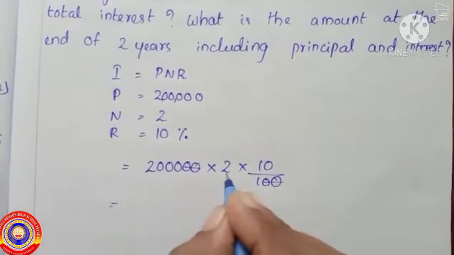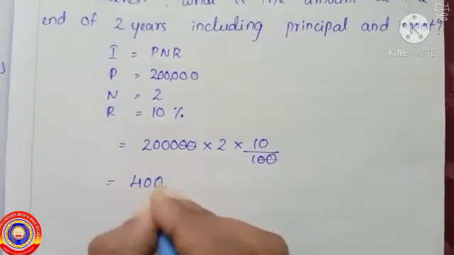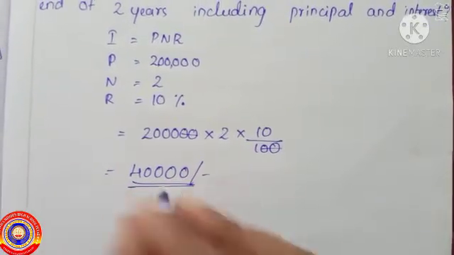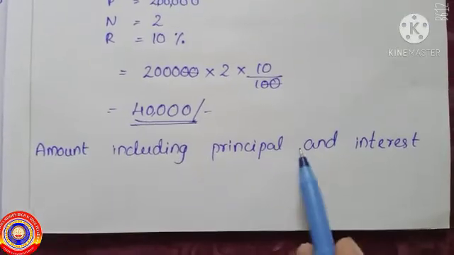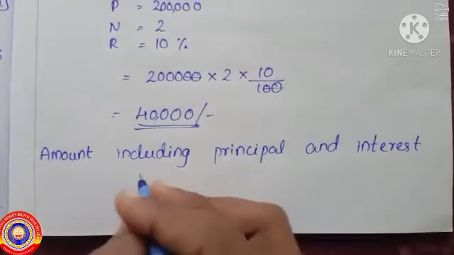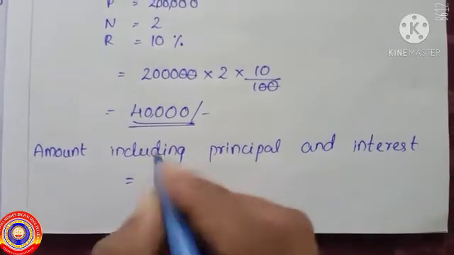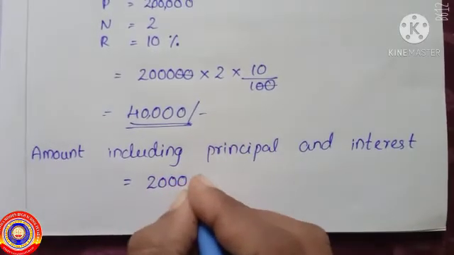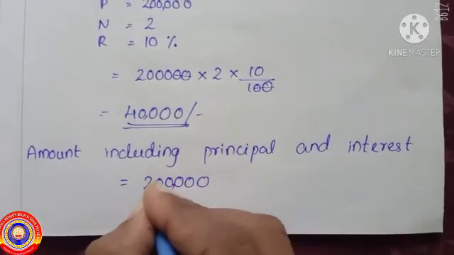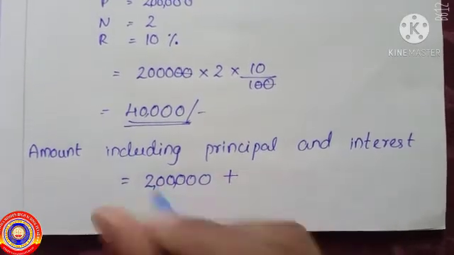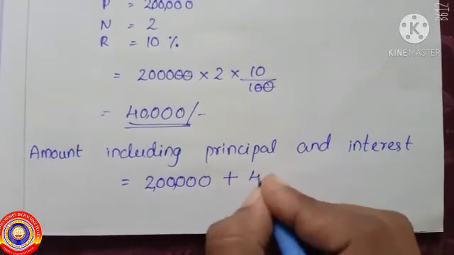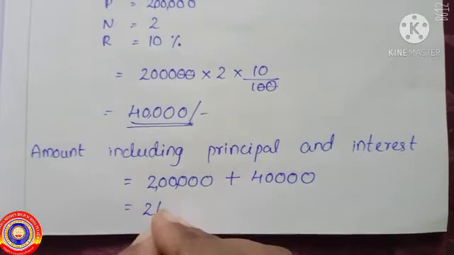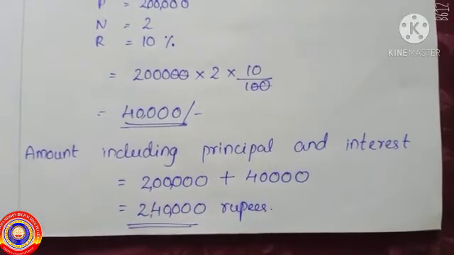So the remaining is 2000 into 2 is 4000, again 4000 into 10 is 40,000 rupees. Amount including principal and interest is equal to the principal amount here, 2 lakh, plus the interest we got, 40,000. So 2 lakh plus 40,000 is equal to 2 lakh 40,000 rupees.